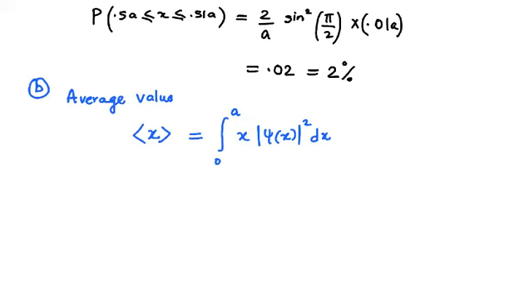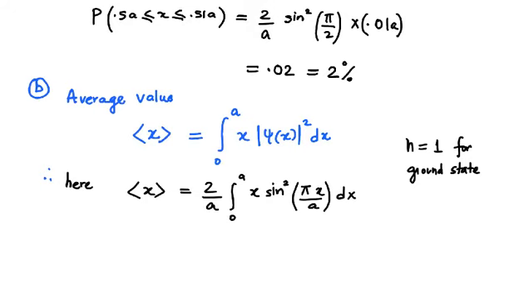It's not extending from minus infinity to plus infinity in this case because the wave function does not really exist beyond these two limits. That is why it has been reduced to 0 to a in this particular example. Now in this part also, n is equal to 1 for the ground state, so I've just written the wave function.